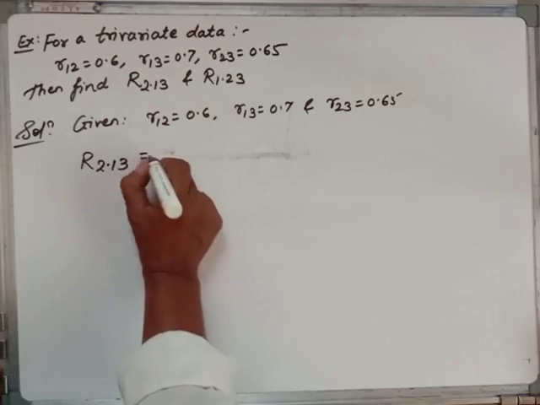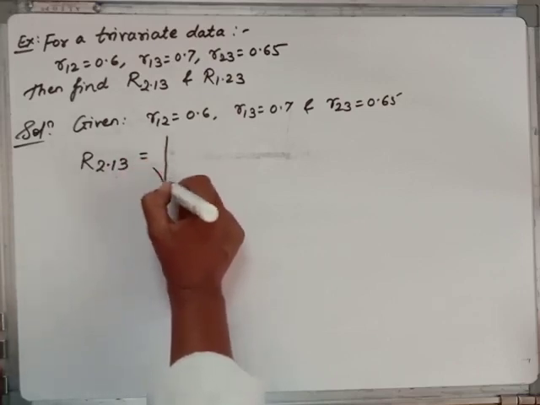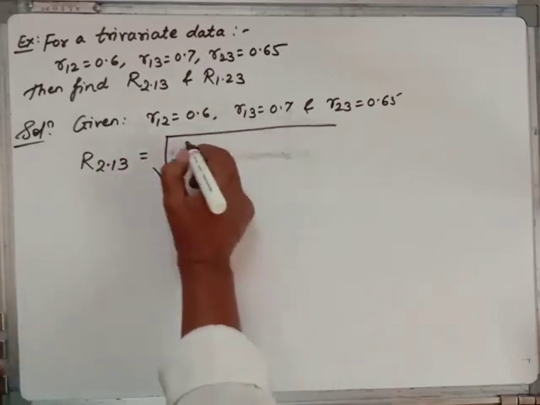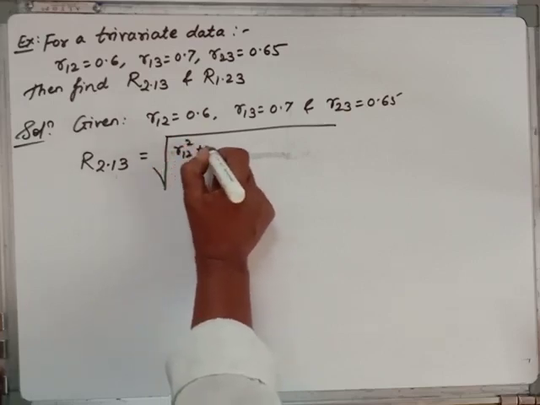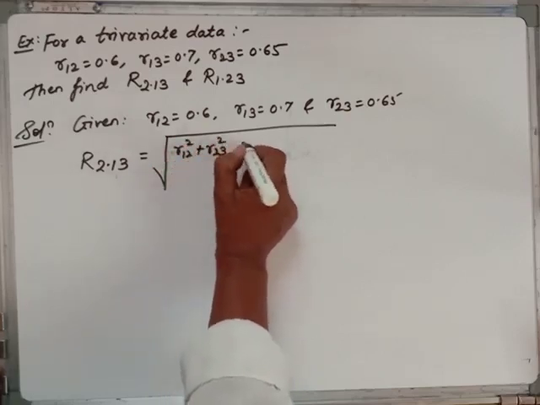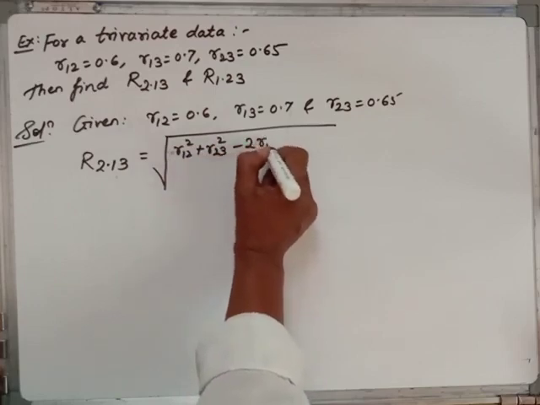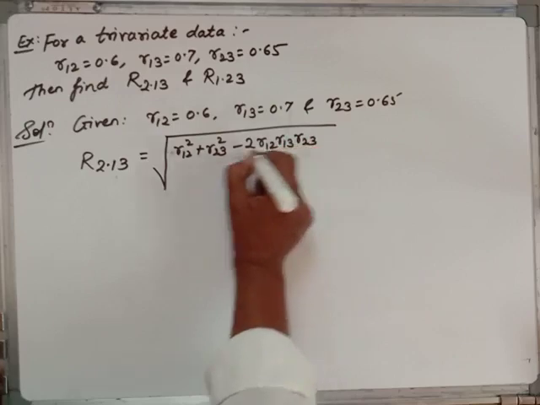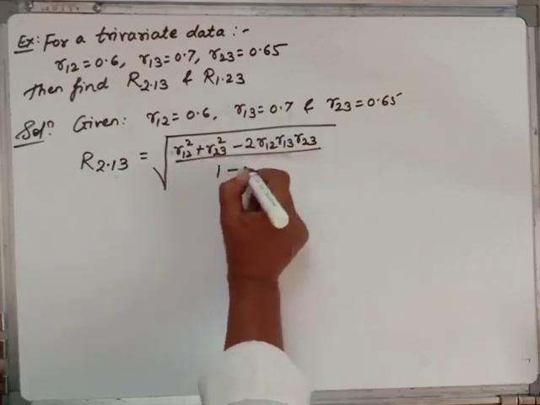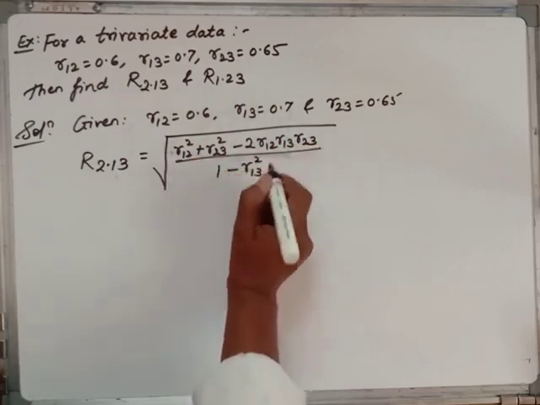R2.13 is what? Under root R12 square plus R23 square minus 2 times R12, R13, R23 upon 1 minus R13 square, right?